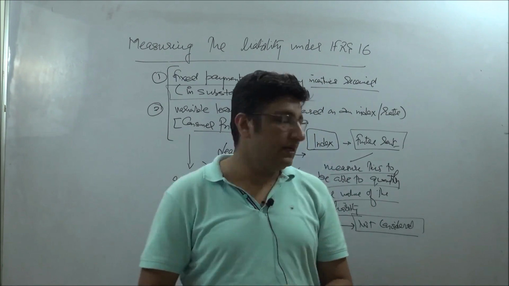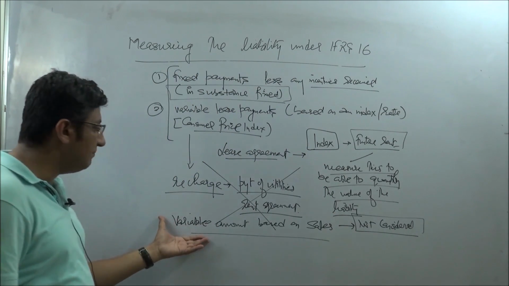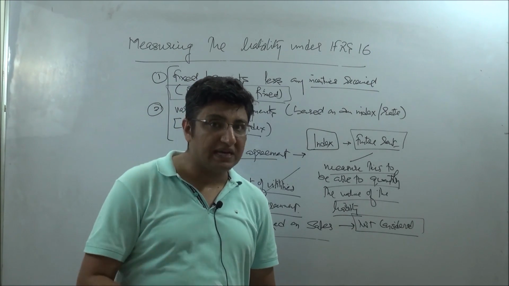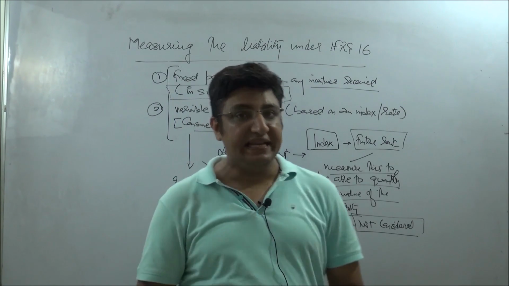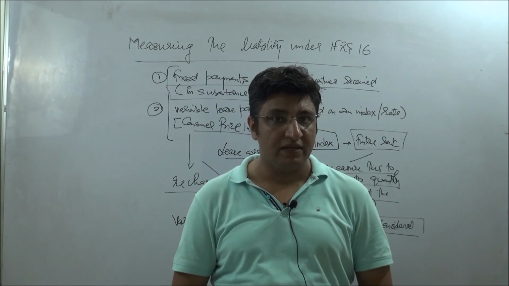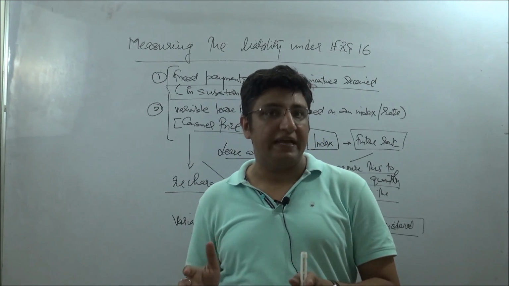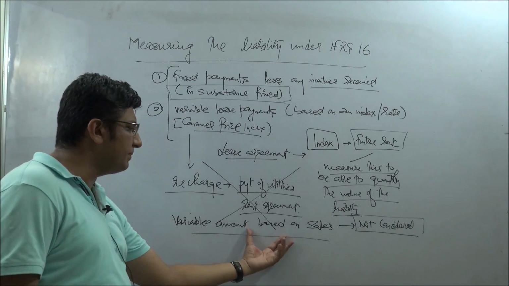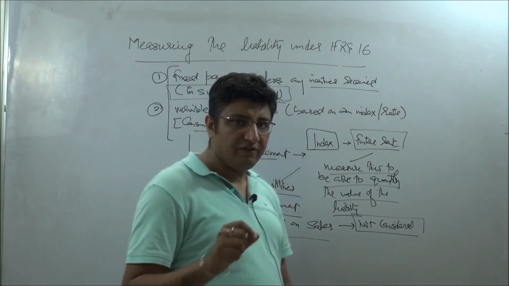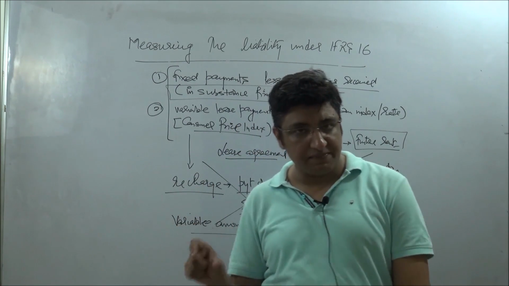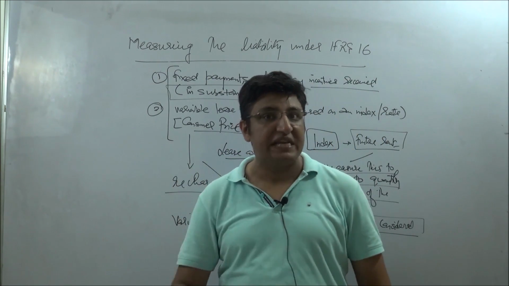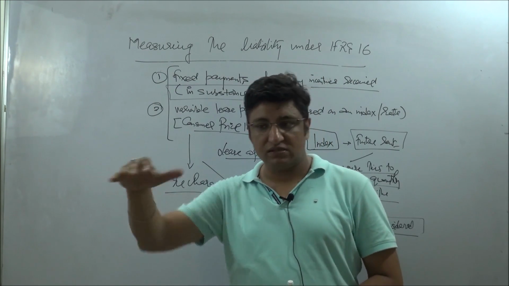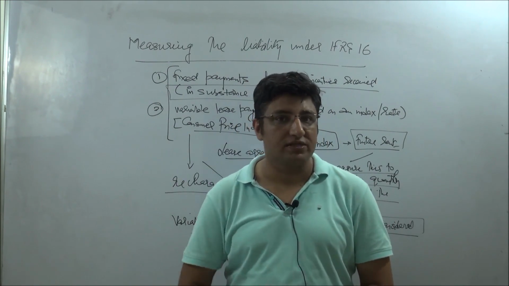It does not mean that any variable amount of rent which is based on sales would be considered to determine the lease liability, right? It would be worth noting here, by the way, that out of this variable amount based on sales, if you are able to find something in substance which is fixed in nature, for example, we said that 20% of sales subject to a minimum of $10,000 a month.